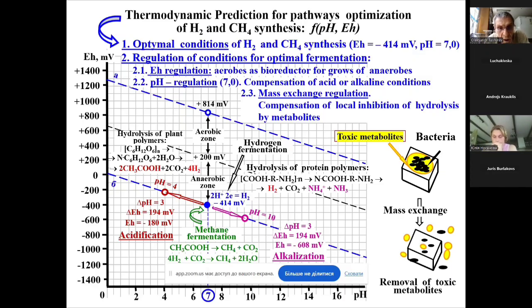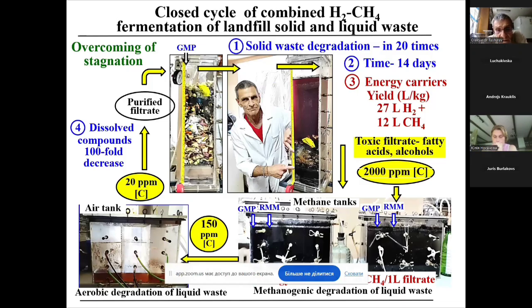ecologically toxic compounds. And here you can see an example of testing and application of this thermodynamic prediction. First of all, I would like to emphasize that in natural conditions, in the dumps, the organic solid matter decreases in mass only by 2 times in 10 years. So it is obvious that this spontaneous decaying is a very slow process.